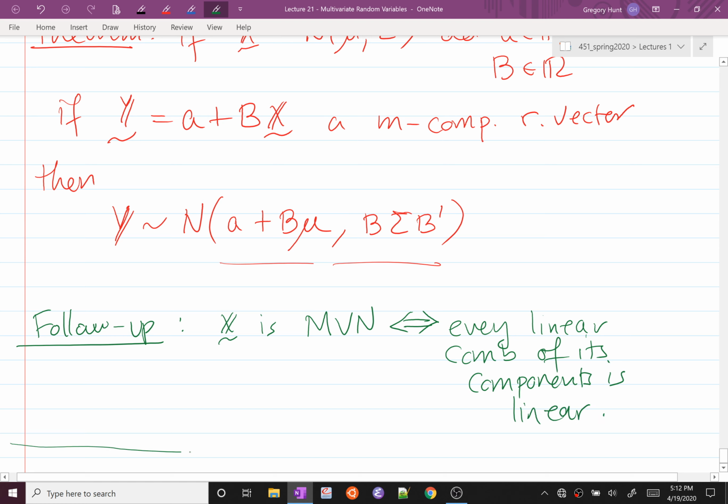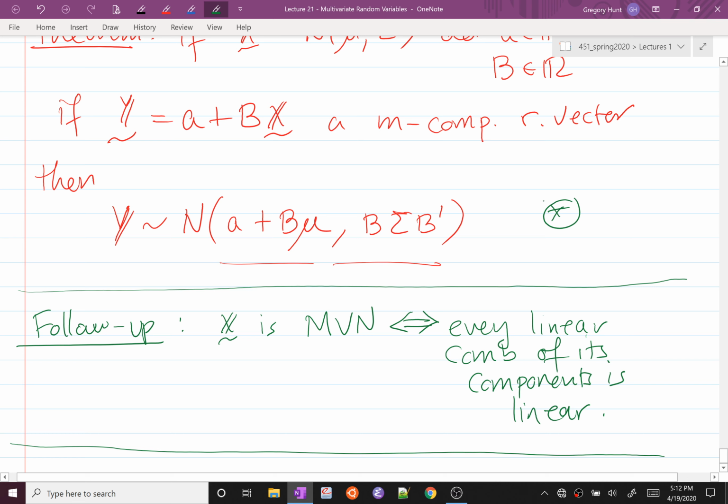Beyond the scope of the course to prove that, the most useful is the forward direction, which is what this theorem is telling us: if I have a multivariate normal and I take a linear combination or a linear transformation of its components, that's also multivariate normal with the appropriate mean and covariance matrix.